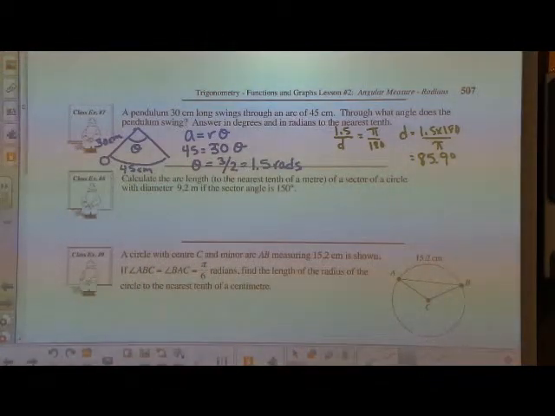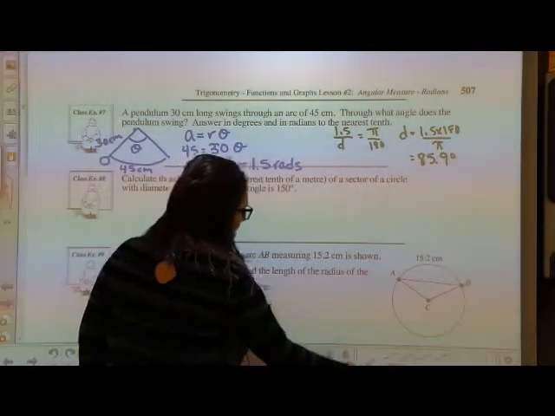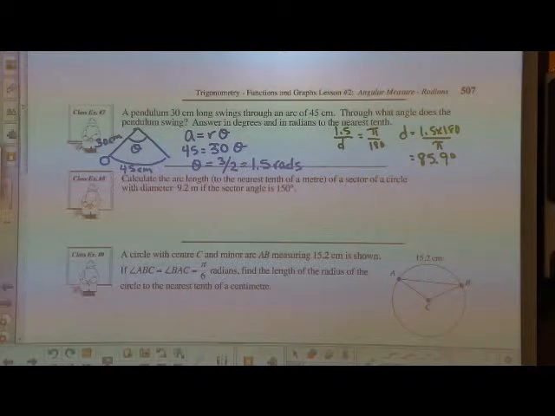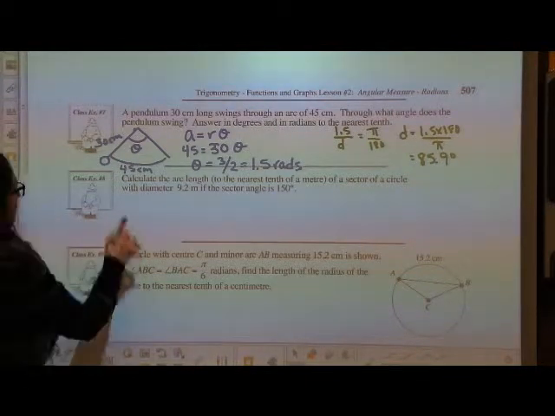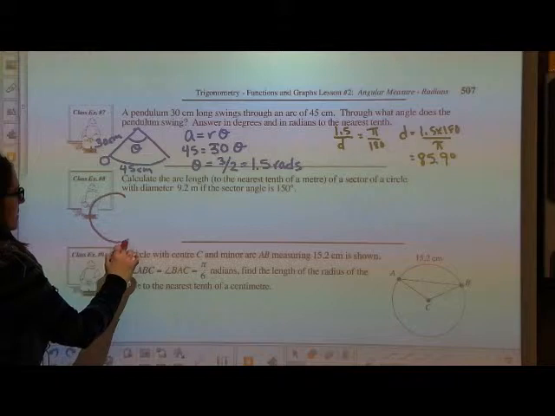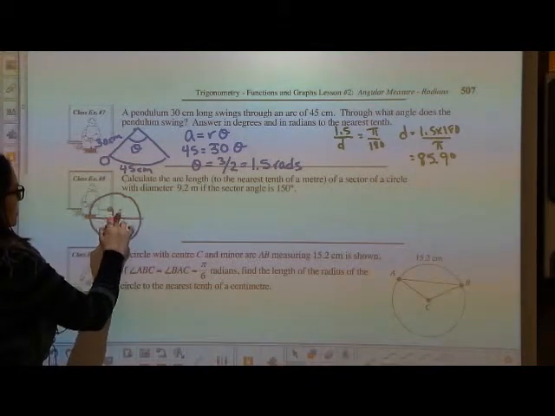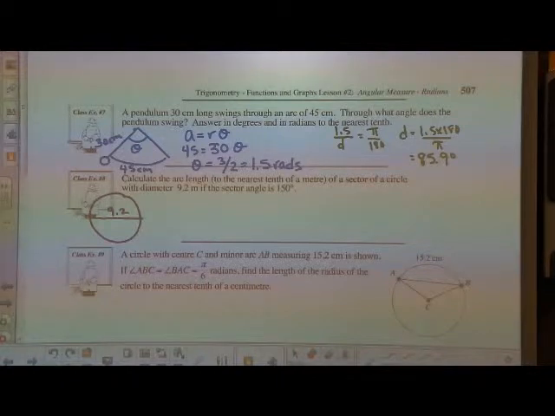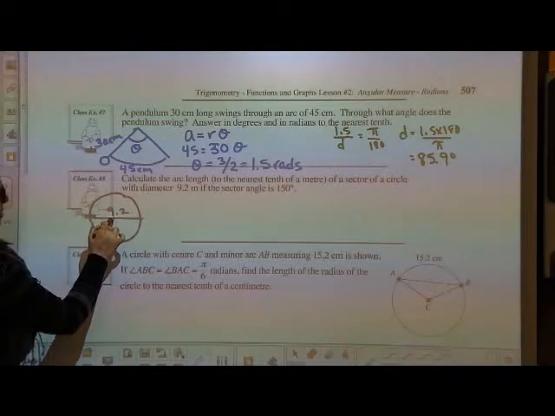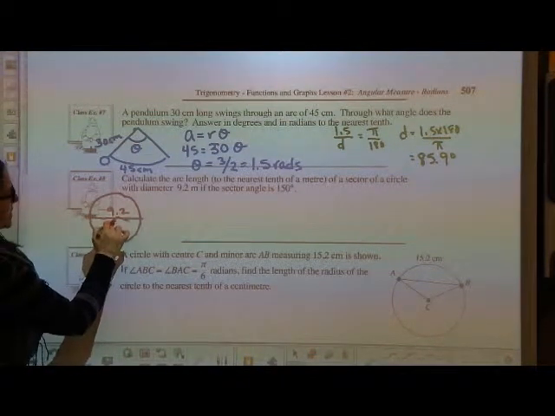Okay, let's look at number 8. Calculate arc length to the nearest tenth of a meter of a sector of a circle that has a diameter of 9.2 meters if the sector angle is 150 degrees. So if I was to picture this, I would have a circle, diameter is 9.2, and a sector of the circle that has a measurement of 150 degrees.